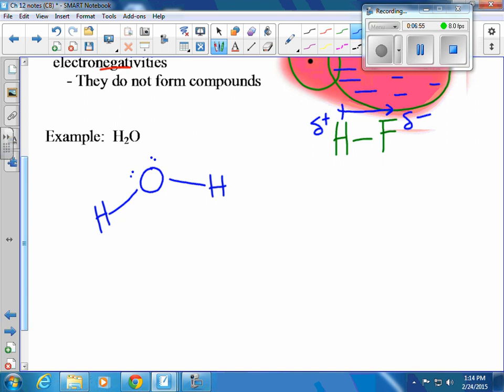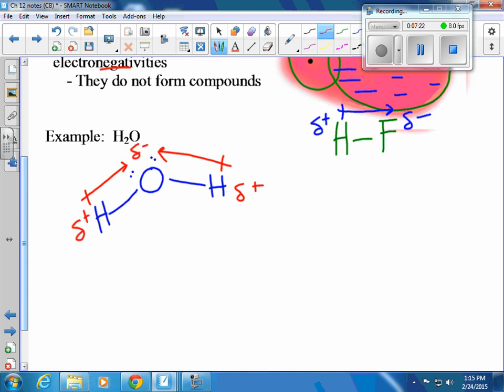So that means that my electronegativity line, and it might be good to grab some different colors, is going to go towards the oxygen. There's more negative charge towards the oxygen. The same thing on this side of my overall molecule. So that makes my hydrogen side slightly positive and my oxygen slightly negative.